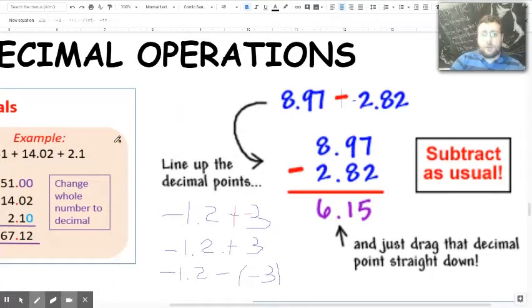What you're actually going to do is put together 1.2 plus that 3, pad the difference, and put those numbers together, and you would get 4.2. Now, because they're both negative, you got to remember that the answer is going to be negative at the end. So this would actually be negative 4.2 for your final answer.